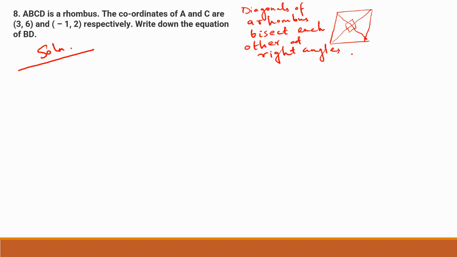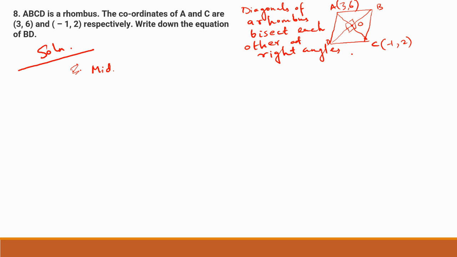Okay. Now it's given ABCD is a rhombus. The coordinates of A and C are given. A is 3 comma 6, C is minus 1 comma 2. Write down the equation of BD. So you see, when A and C are given, you will find the midpoint O easily, right? So first you write diagonals of a rhombus bisect each other at right angles.